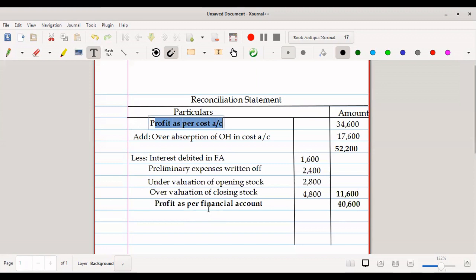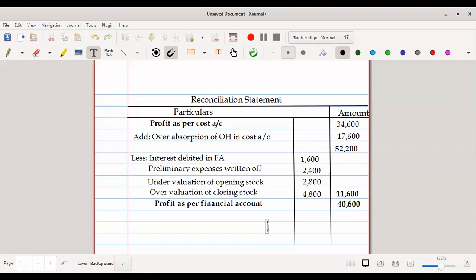And when you take profit as per financial account as base here, then the whole statement will be reversed. That is, whatever items will be added will come down here in the deduction column, and whatever you have deducted will go up here in the column which you are going to add. So this is how you solve the reconciliation statement.